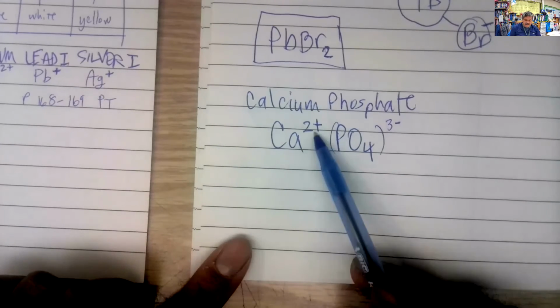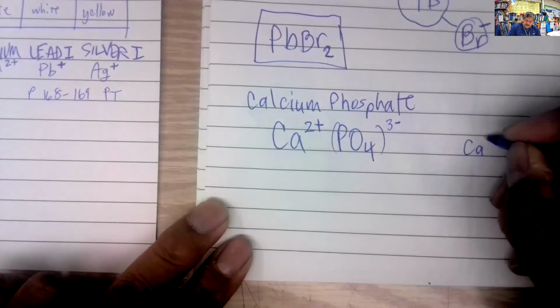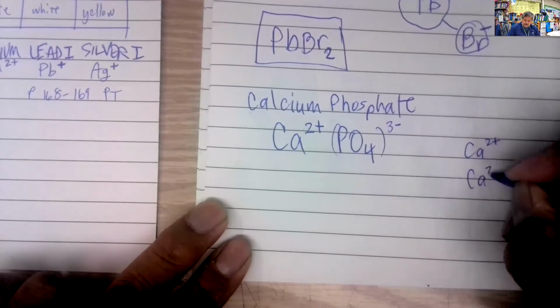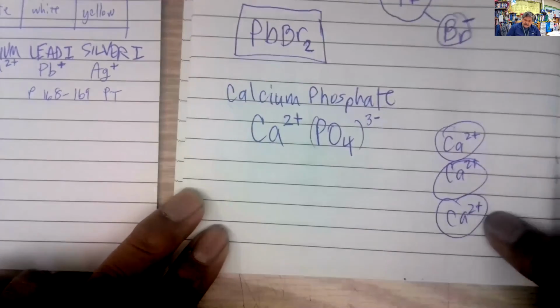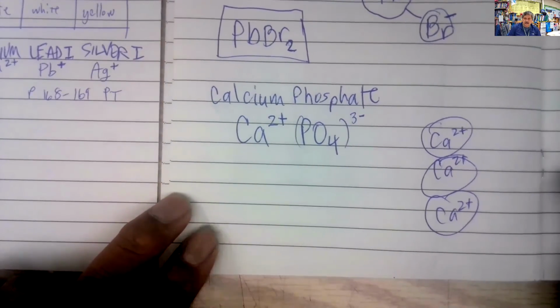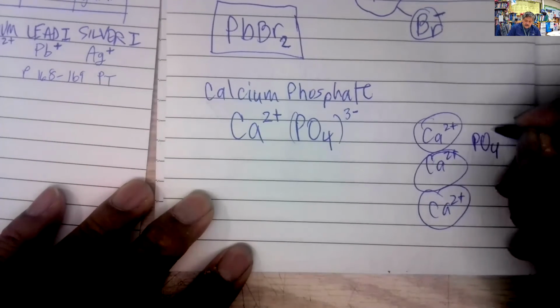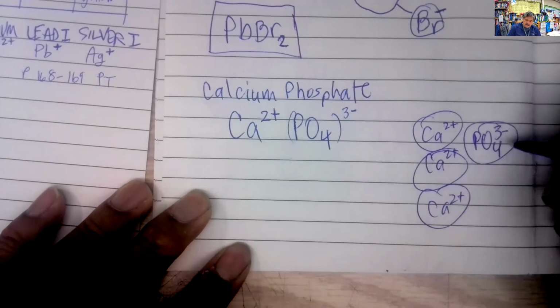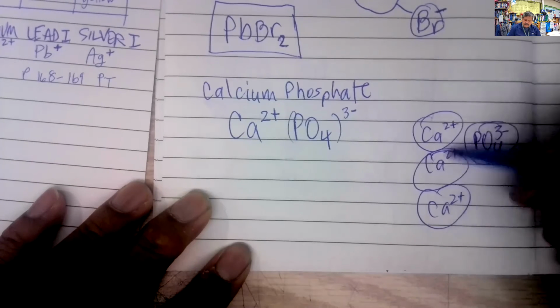So I've got to have 3 of these, because if I have 3 of these, look, I've got calcium 2 plus, calcium 2 plus, and a third calcium 2 plus. Now I have 6 plus charges. If I hook those up to a PO4, which is 3 minus, that takes care of 3 of the 6 pluses.